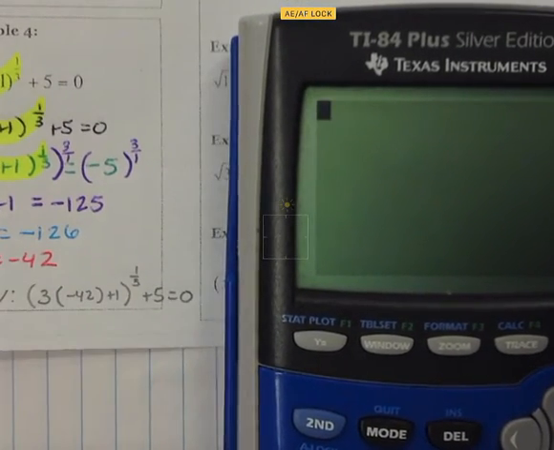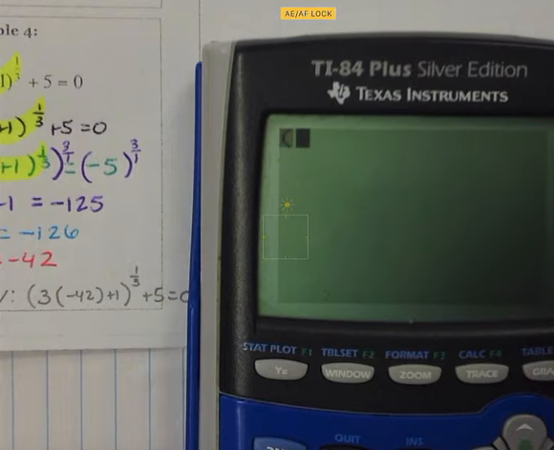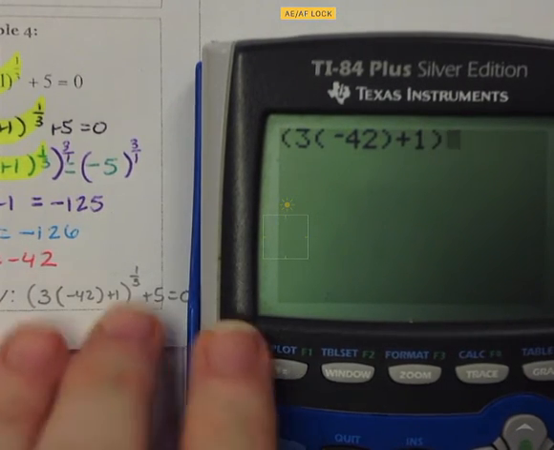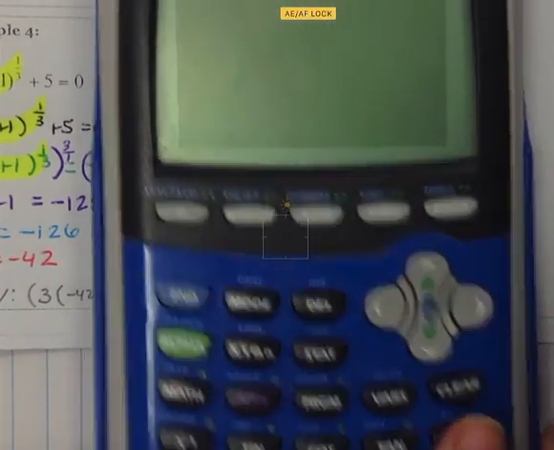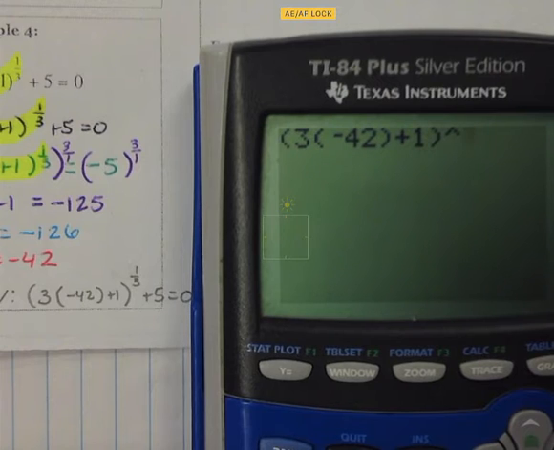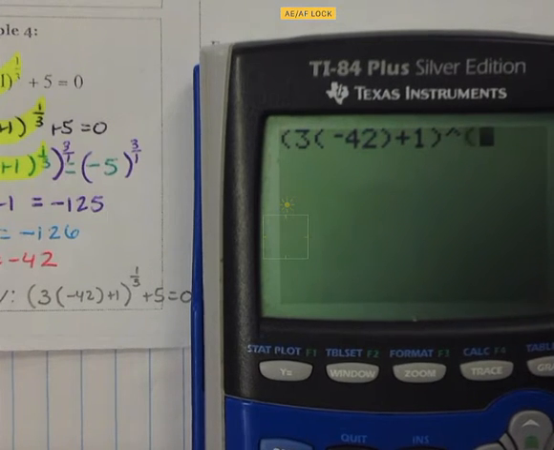I have to be very careful about my numbers. Parentheses, 3, open parentheses, negative 42, close parentheses, plus 1, close parentheses. That's that first part. Raised to, that little caret key. Since it's a fraction, I have to put the fraction in parentheses. So parentheses, 1 divided by 3, close parentheses. And then I have to add 5.